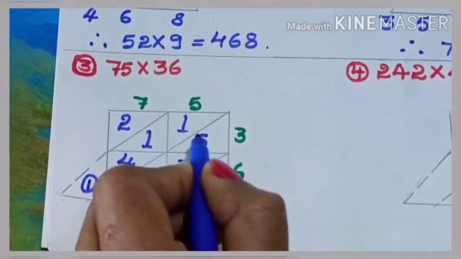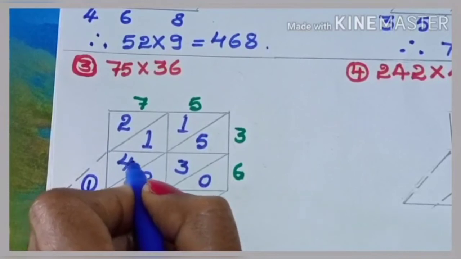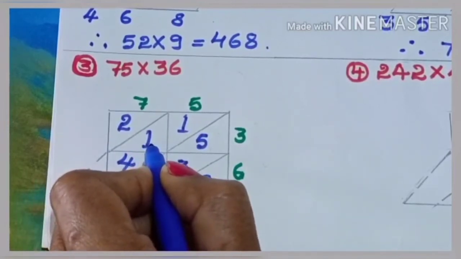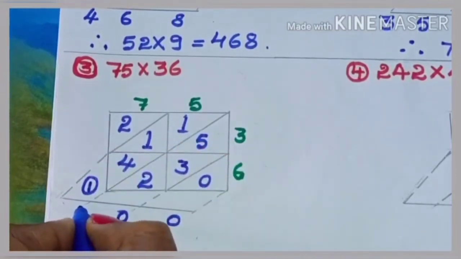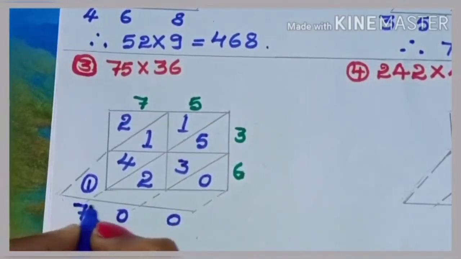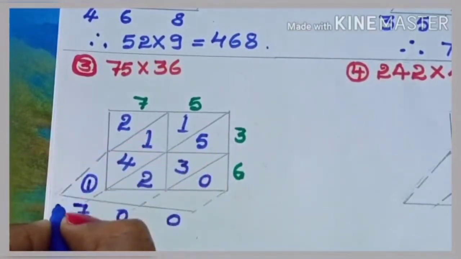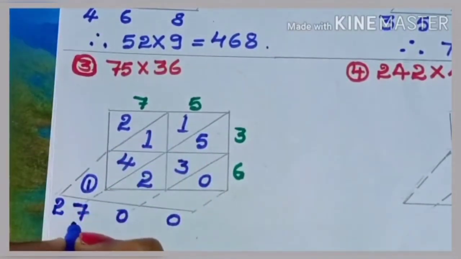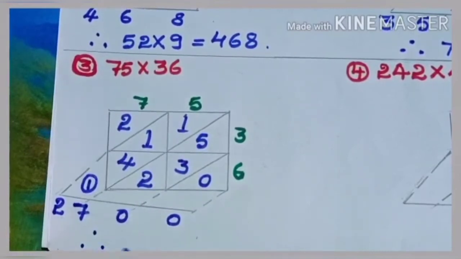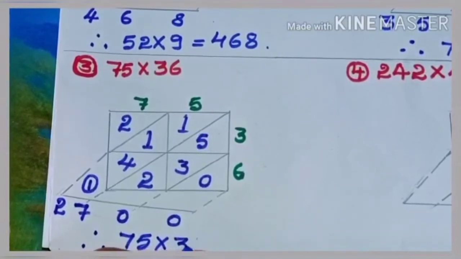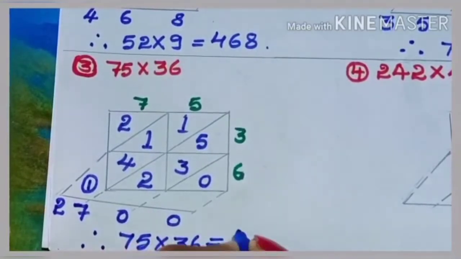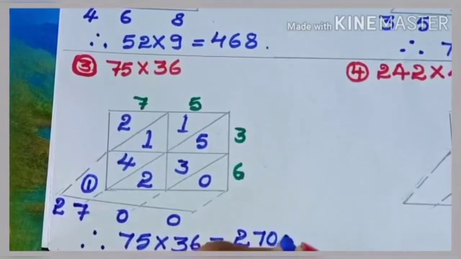Now add. 1 plus 4 is 5. 5 plus 1 is 6. 6 plus 1 is 7. So write 7 and 2 write as it is. So the answer is 2700. Therefore 75 multiplied by 36 is equal to 2700.